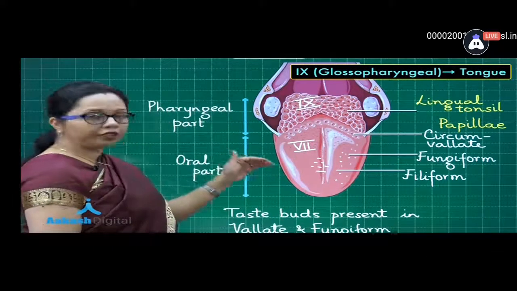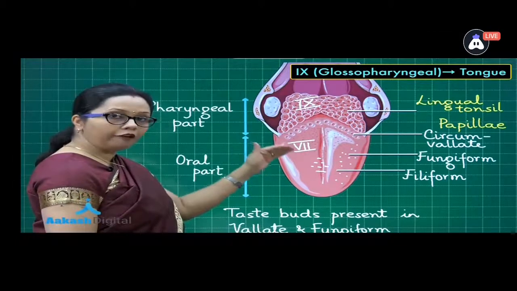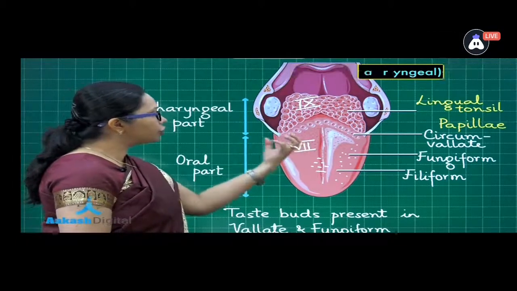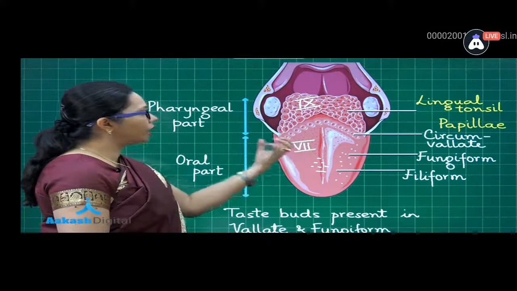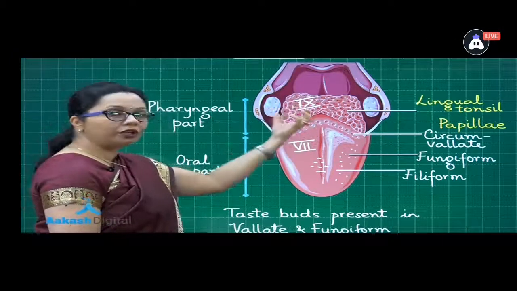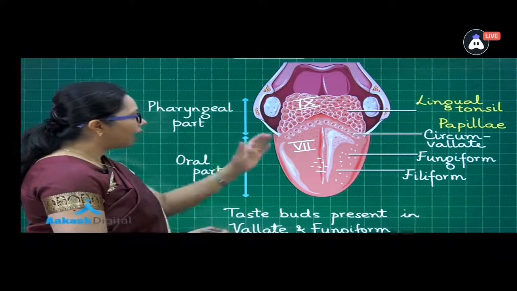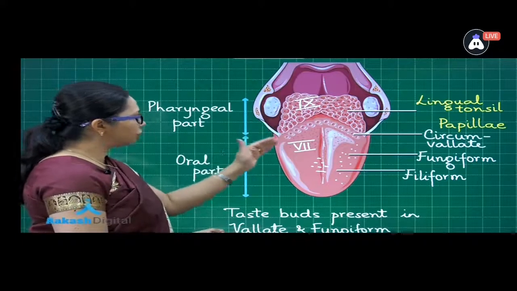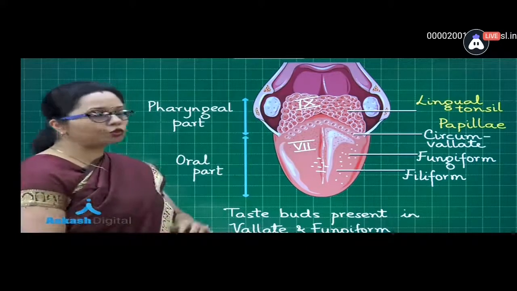So the perception of taste will be possible if the impulses reach the 7th here and are carried to the brain, or from the 9th from here they are carried to the brain. And as we mentioned, 7th is facial and 9th is glossopharyngeal.